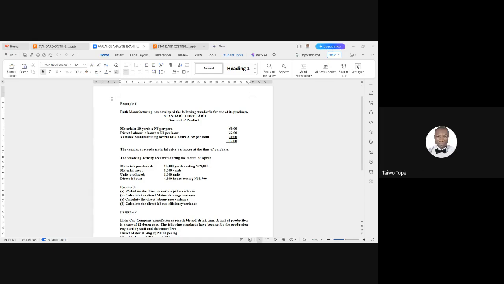You should ask yourself, what is the cost of 1 yard? If 10,400 yards cost 59,800, what is the cost of 1 yard? 5.75. You divide 59,800 by 10,400.